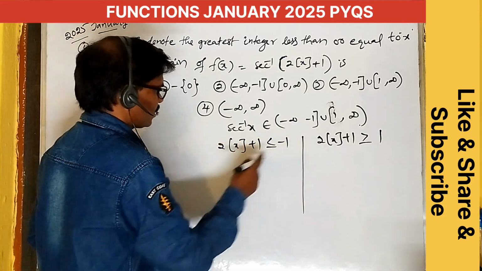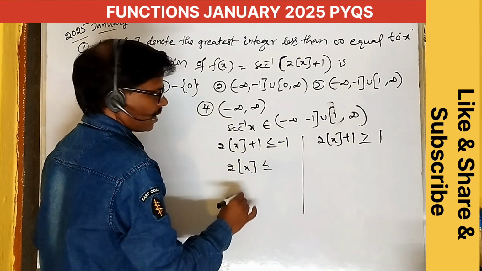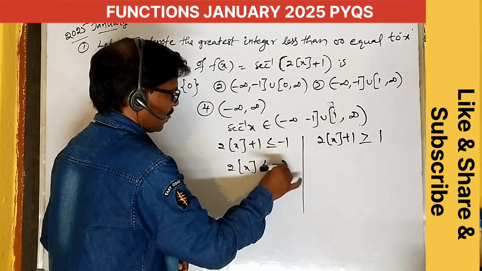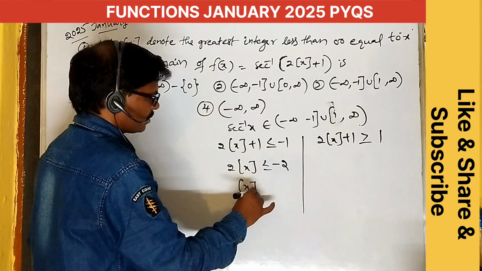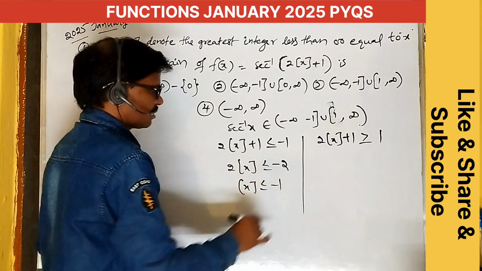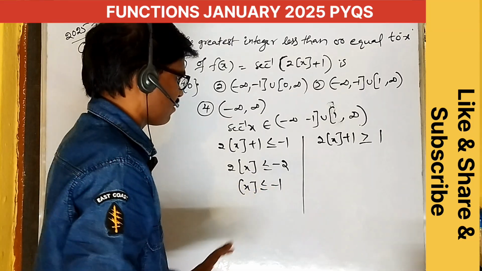Take this side: 2[x] is less than or equal to minus 2. Here 2 gets cancelled, so [x] is less than or equal to minus 1.